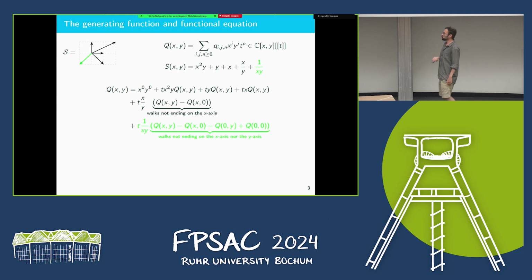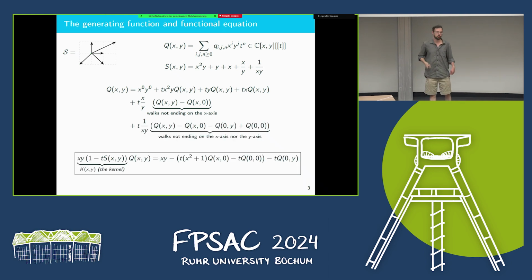Now, what we do is we regroup the terms in Q(x,y) to the left of the equation and put the remaining on the right-hand side. On the left, the generating function Q(x,y) has a polynomial K(x,y) as a factor, and on the right-hand side, you see that the terms Q(x,0), Q(0,0), Q(0,y) are what we call specializations of the generating series.